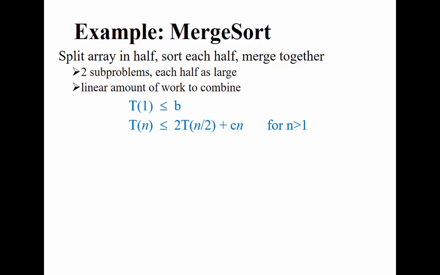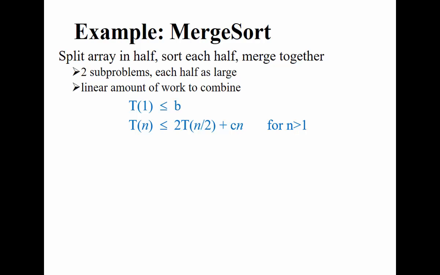To do this, we have the recursive relation. If the array of size n is equal to 1, then there is a constant amount of time to sort this array, less than or equal to p.